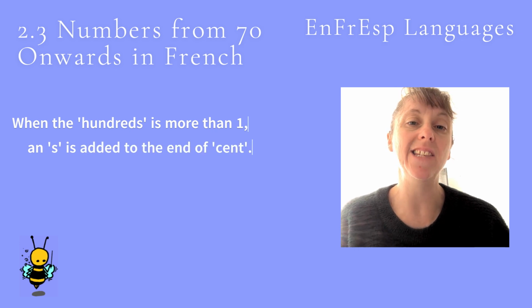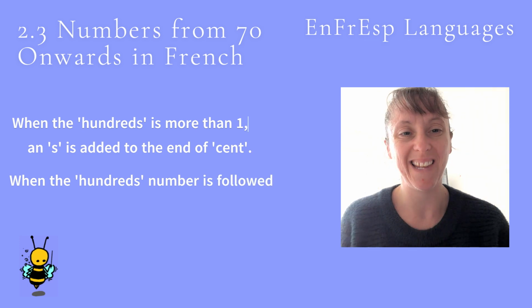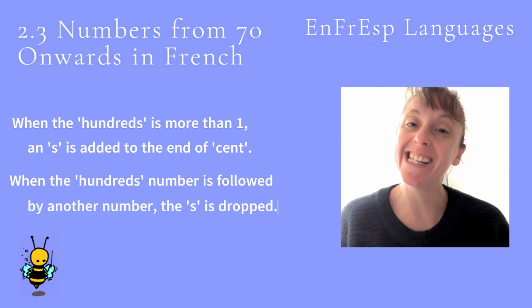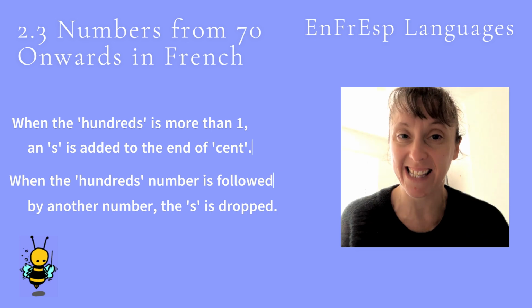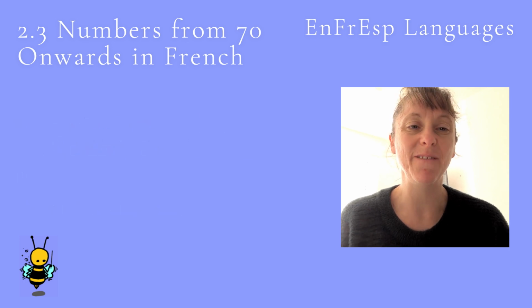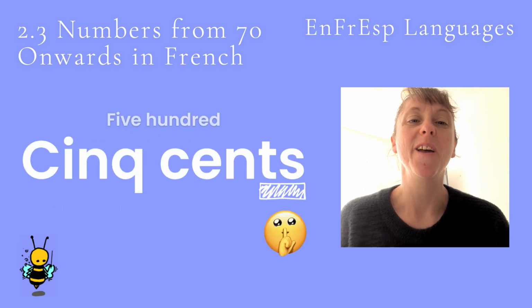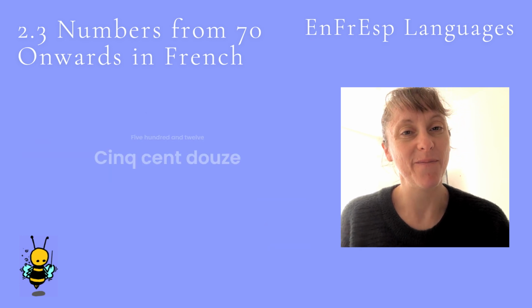This S is dropped when another number follows so. However, both the T and the S when it's there are silent, so it sounds the same. For example, 500 is cinq cents, but 512 is cinq cent douze.